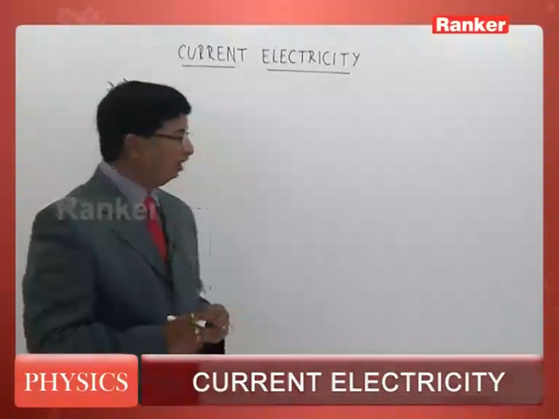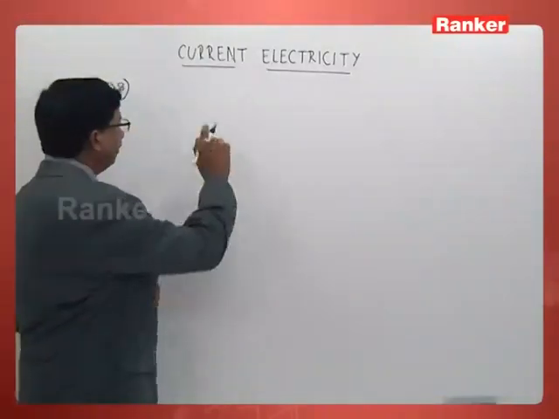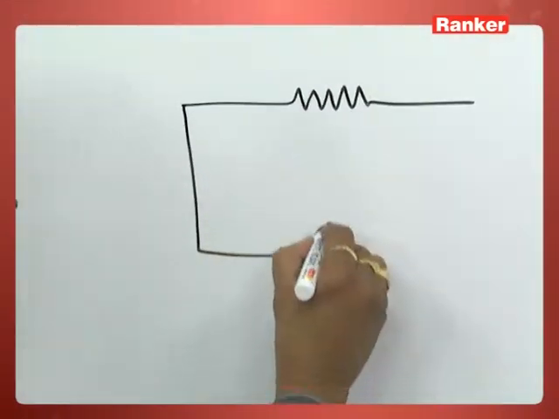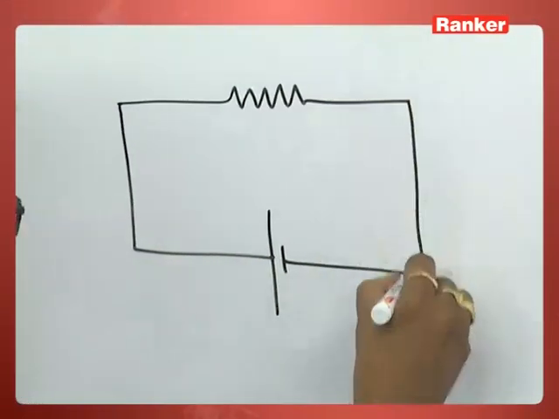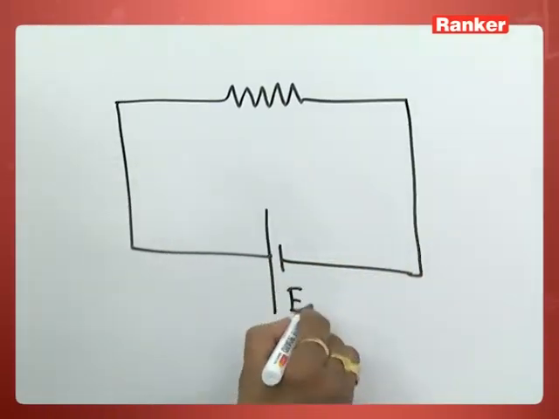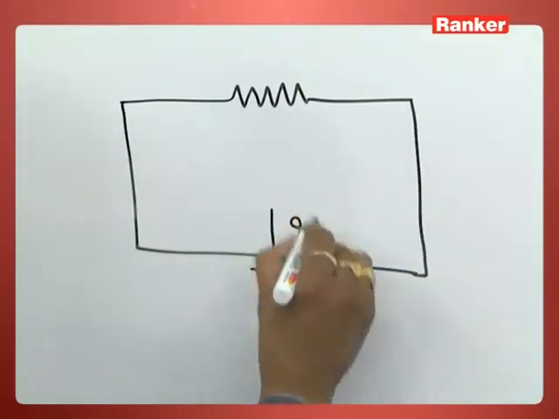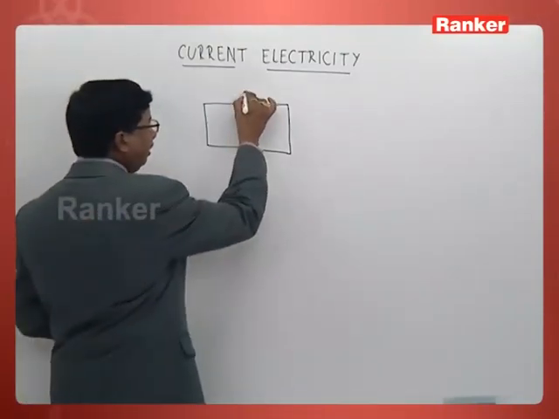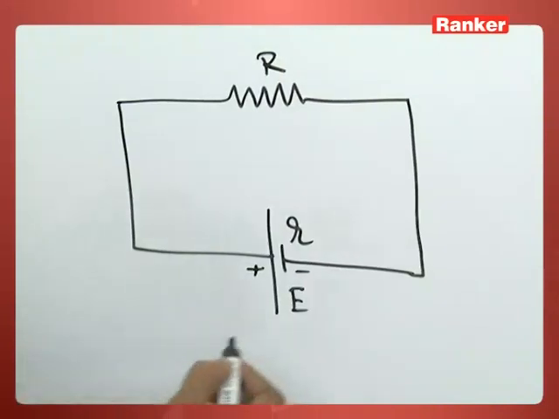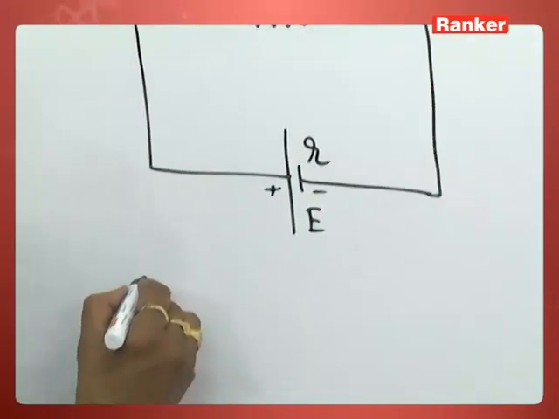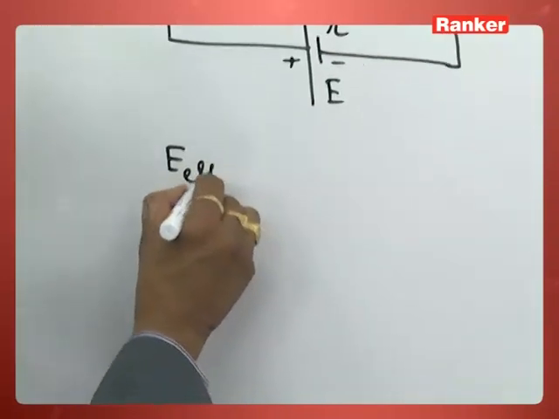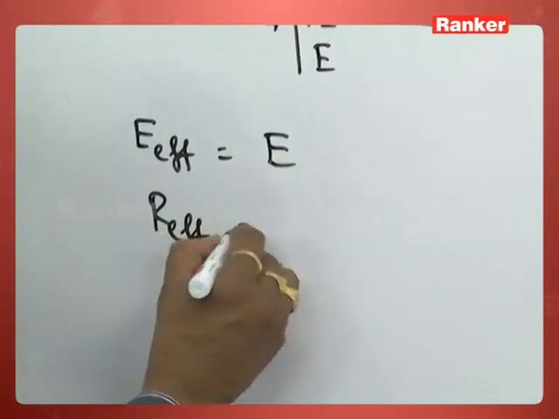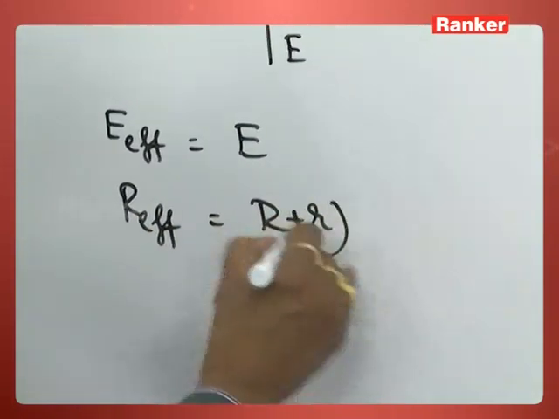But look at first of all, what is he talking about? A resistor is taken up. A cell is just connected across this. Whenever we take the EMF of the cell as E and internal resistance as r, and this is the external resistance R, then you can certainly understand the effective EMF of the system becomes E and effective resistance of the circuit is R plus r.